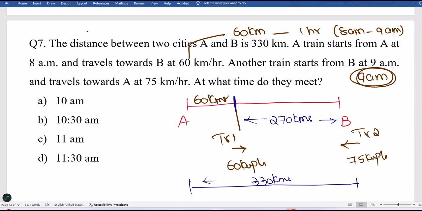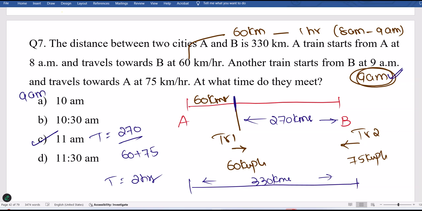As they are moving in opposite directions, time is distance by speed. Distance is 270, and speeds in opposite direction we can add, which gives 2 hours. From the time you froze, 9 a.m., plus 2 hours means 11 a.m. So the answer is 11 a.m. Option C.